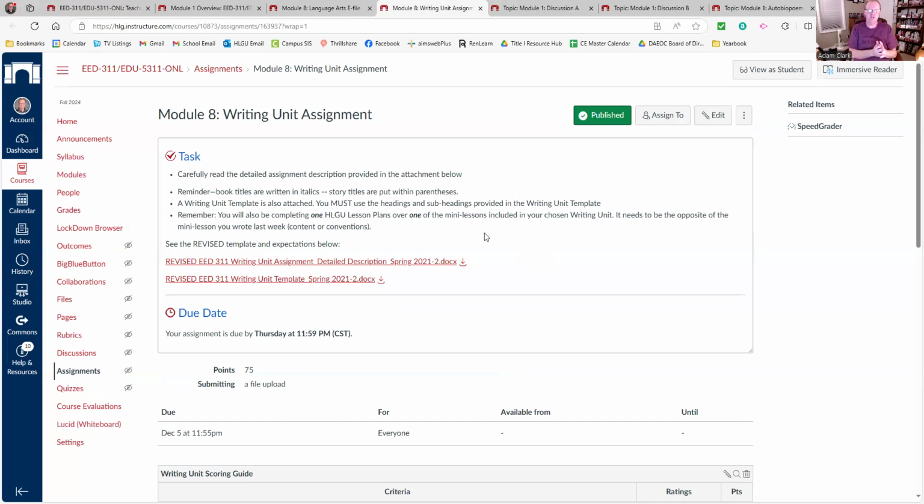So I wouldn't worry about this yet, but I wanted to give you a heads up that it is out there. It's something that we'll be putting together as we complete other smaller assignments throughout the course. And then we'll eventually meld it all together to make your big writing unit assignment with a few extra things added in at the end, of course. So that is essentially module one. It's not too overwhelming this week.